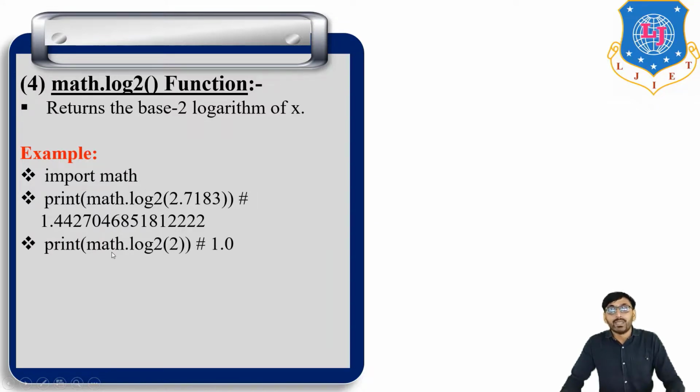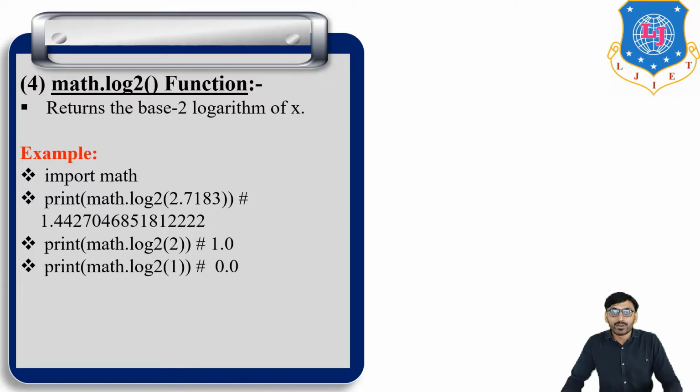Then print math.log2(2), base 2 and value also 2. Then we get the answer 1.0, a float number. Then print math.log2(1), we get the answer 0.0. So this is about the log2 function. It returns the base 2 logarithm of x.